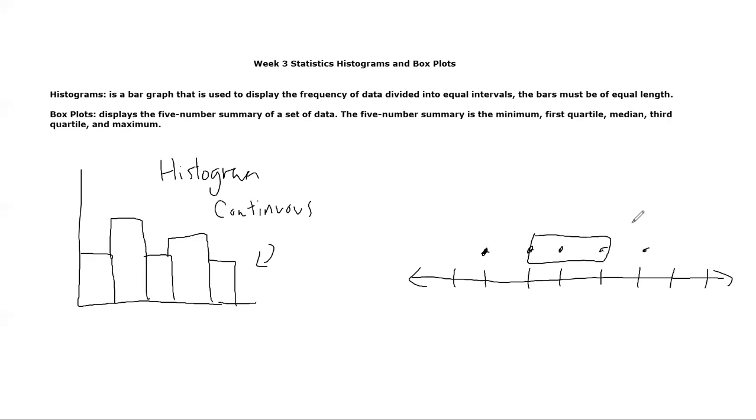A box plot still represents data that's being displayed in a certain way, but the difference between a box plot and a histogram is that the box plot focuses on 5 key pieces of information: the minimum, the maximum, your Q1, your Q2, and your Q3.